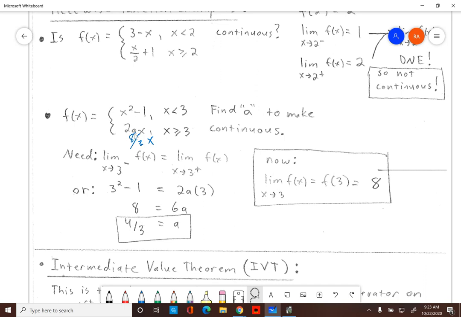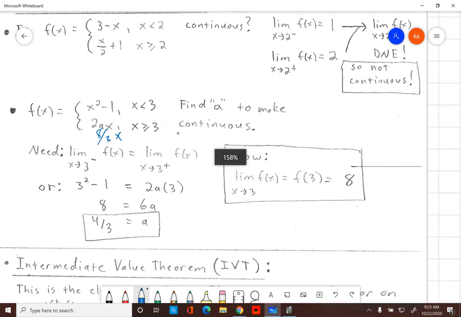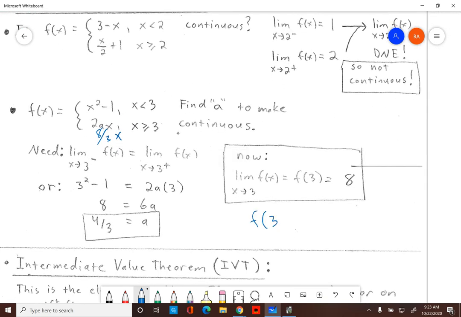So the 4/3 is the a value I plug into there to create the 8/3 x line that'll make this continuous. And then if I plug 3 into the function, f of 3 is equal to 8/3 times 3, which is equal to 8.